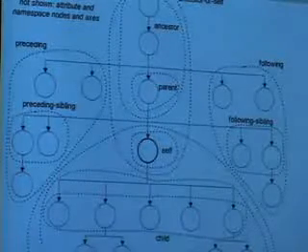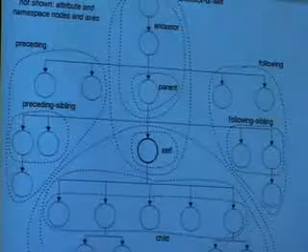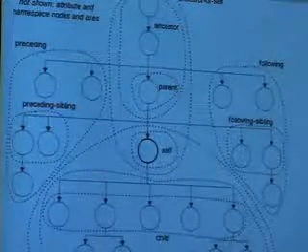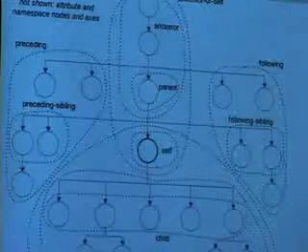Child is very natural for us to use, but there are several others as well, some of them more commonly used than others. The circle in bold is our tree of all the nodes that we have in our XML document.